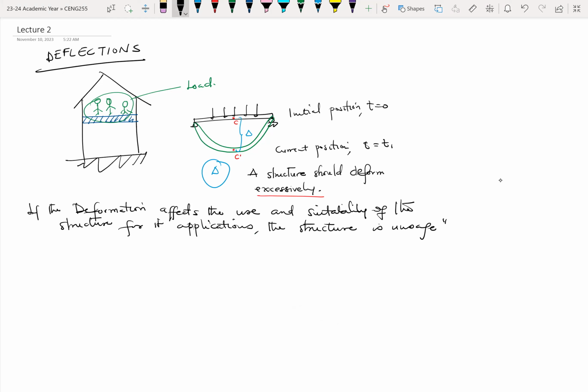Let me put unsafe in quotes because sometimes the structure can still be safe, but because the deformation is excessive, it creates the perception that the building could collapse at any time. So no one would want to be in that particular structure. So what we do in engineering or in design is that we try to minimize the deformations.